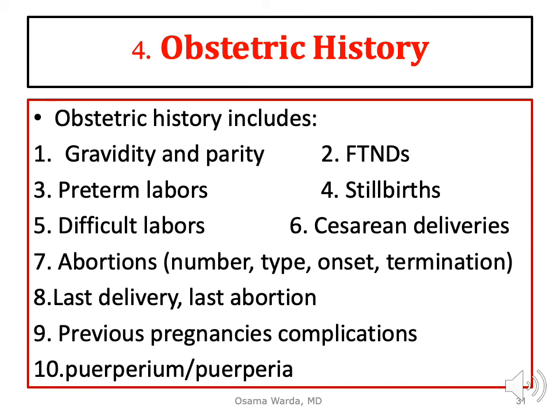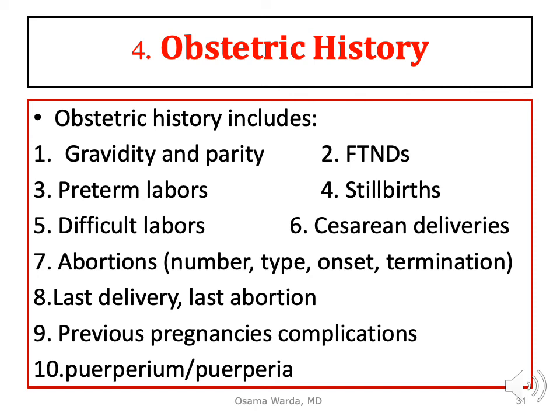If it presents with the breech, it is a difficult labor, and so on. Caesarean deliveries should be asked for. Caesarean delivery is the delivery of a fetus or fetuses with an abdominal and uterine incision after 20th week of gestation. Okay.